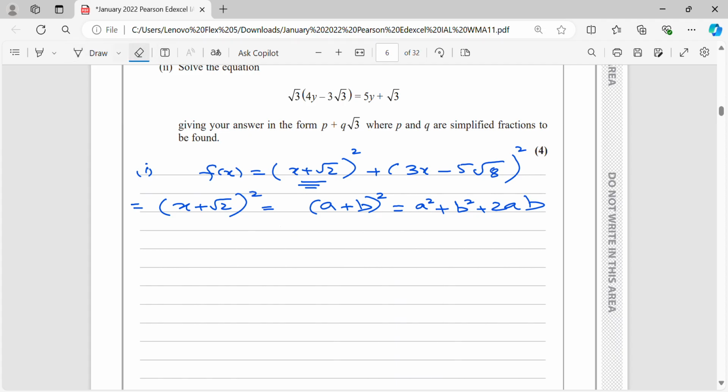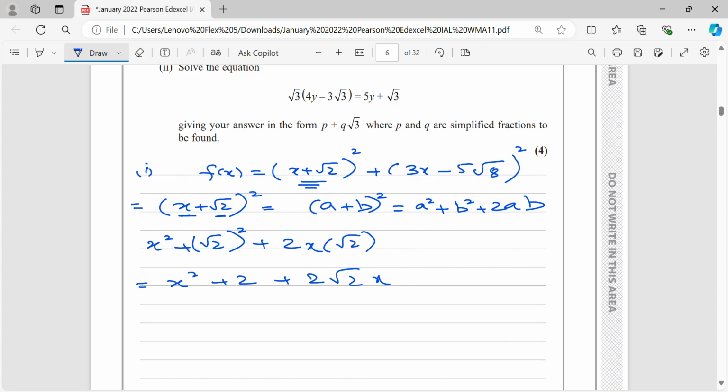Let's use this formula because I feel this is easier and it gives you the simplified answer. So x is a and root 2 is b here. So x squared plus root 2 squared plus 2 into x into root 2. Alright, so x squared plus 2 root 2x. This is my first term.